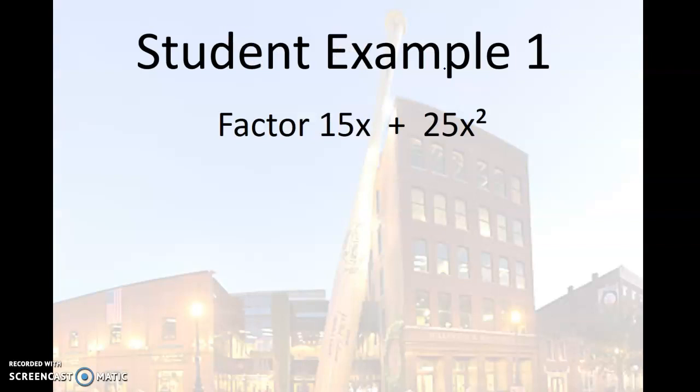Okay, let's look at another example. This one's going to do the prime factorization way. Again, you do not have to do it this way, but it's a very descriptive way. It's a solid way to do it. All right, so we factored everything down to the primes, even the variables.